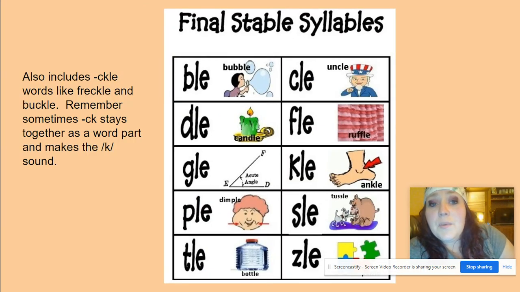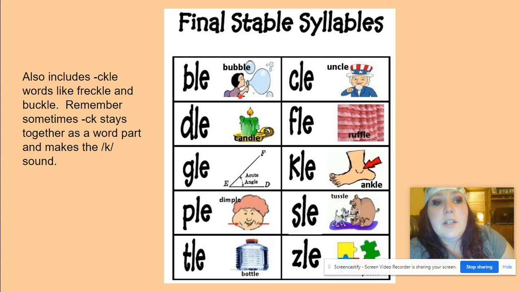All right, so we have our final syllable. It's always going to be at the end there. So we have words like bubble, uncle, candle, ruffle, angle, ankle, dimple, tussle, bottle, and puzzle.